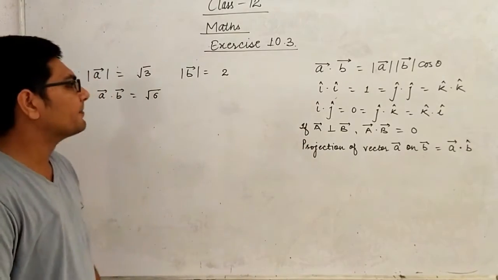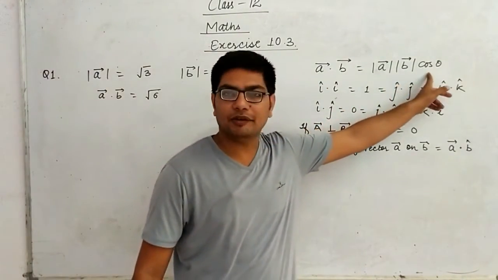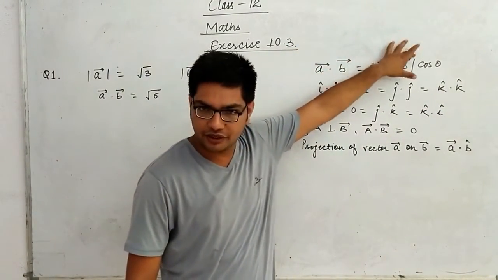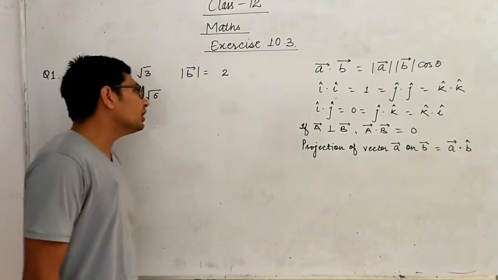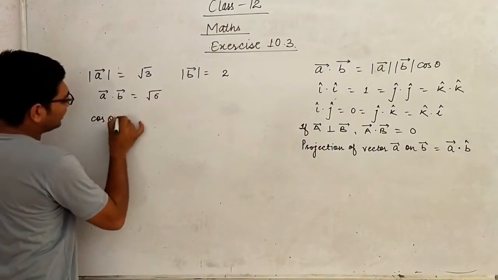In the very first formula, we can calculate the angle between two vectors if we are provided with A dot B, magnitude of A and magnitude of B. So what will be the value of cos theta from that formula?